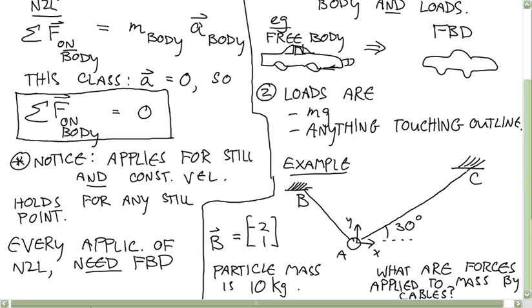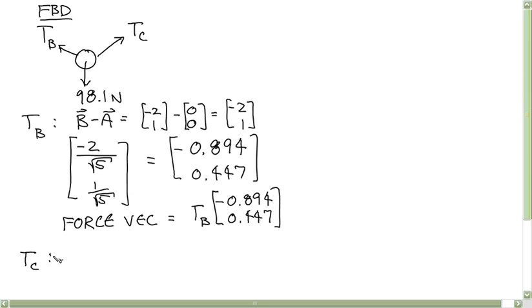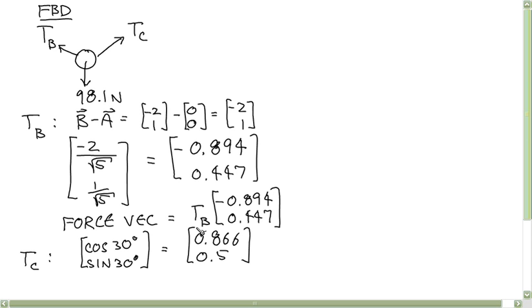So your unit vector is cosine of 30 degrees, sine of 30 degrees. So that's 0.866, 0.5. So the force vector is TC times 0.866, 0.5.